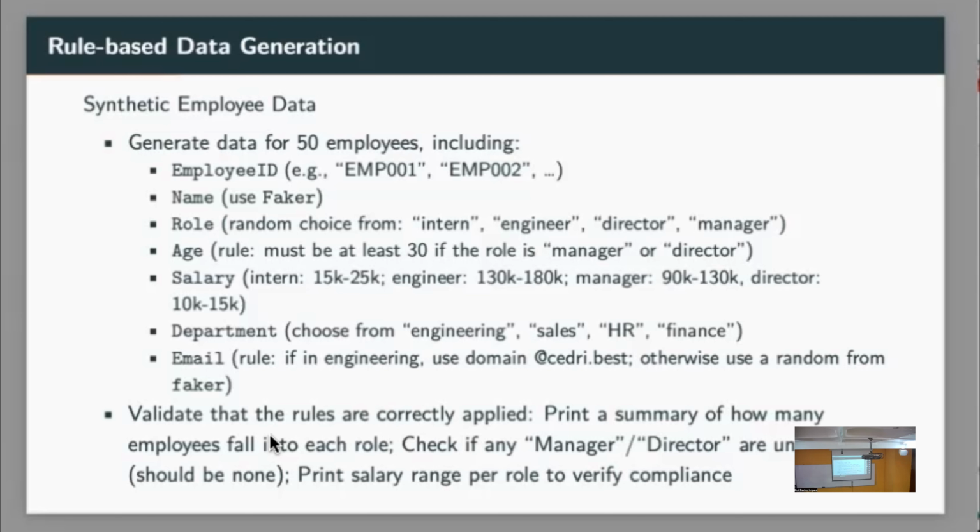Nevertheless, you can try, because the interesting thing is what comes after, to use the data that was generated. Print a summary of how many employees fall within each role. Check if the manager and director are over 30 years old, and there should be none. Print salary range and so on, so that you can try to use the data.